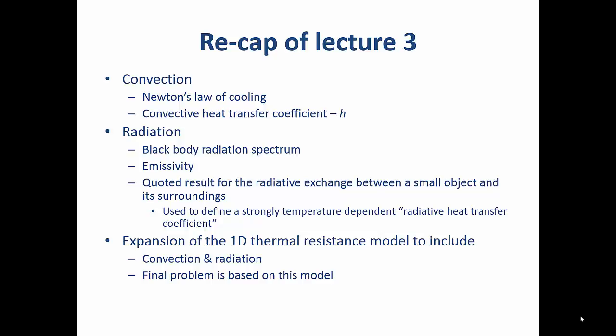I then defined a strongly temperature dependent radiative heat transfer coefficient, and I used these heat transfer coefficients to expand the one-dimensional thermal resistance model to include convection and radiation. And then I left you with a final problem to assess the fraction of energy lost by convection and by radiation in the case of a particular piece of steel.